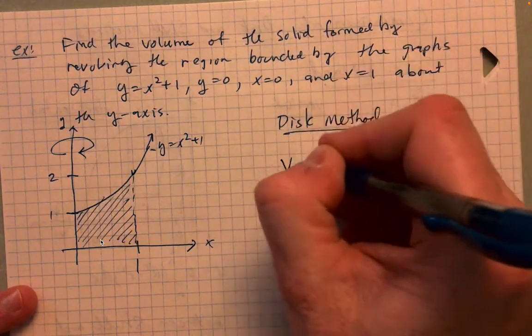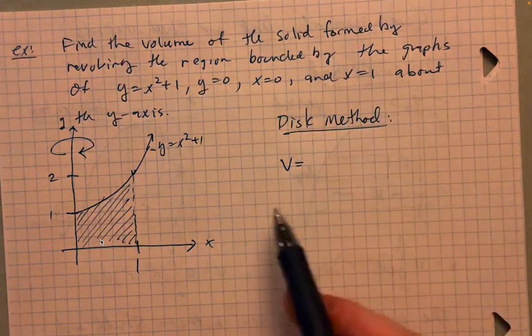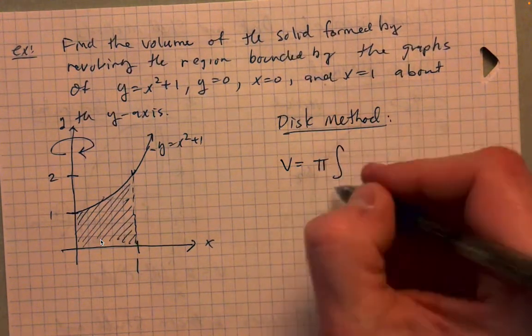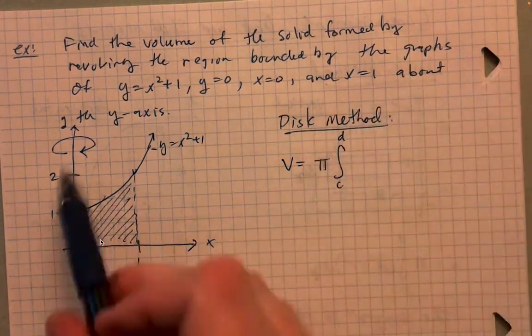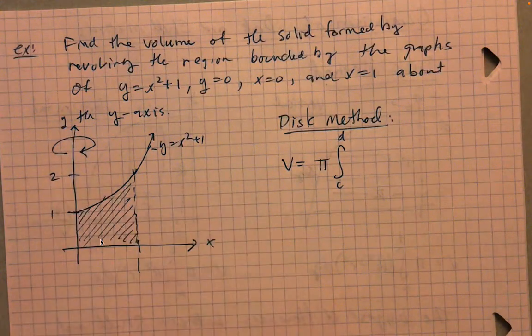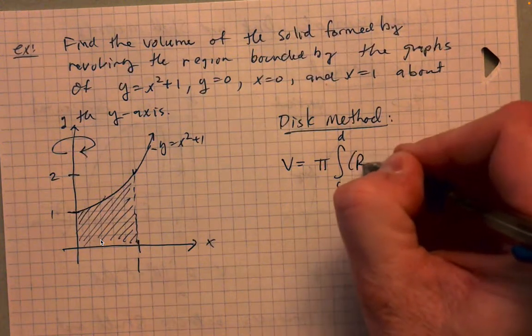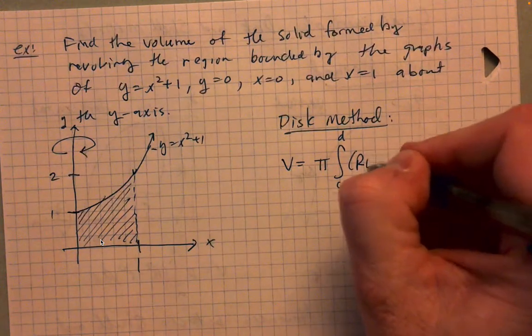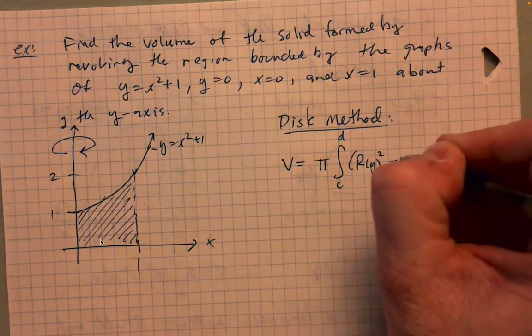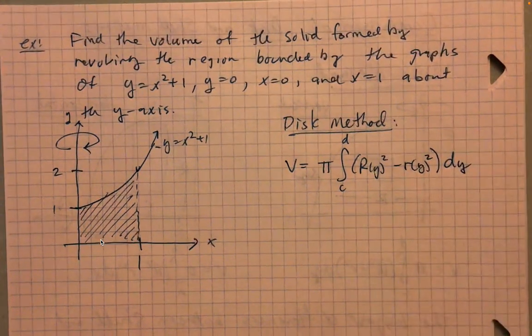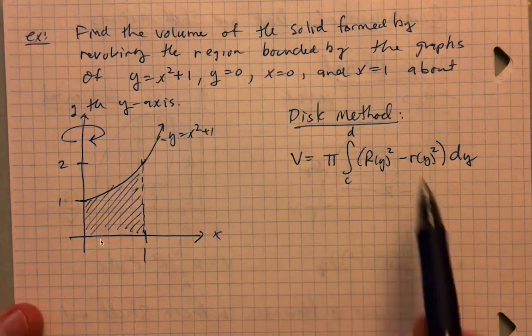The volume in this case is going to be equal to pi times the integral from c to d, since we're rotating around the vertical axis, of big R of y squared minus little r of y squared dy. That's the formula for the disk method.